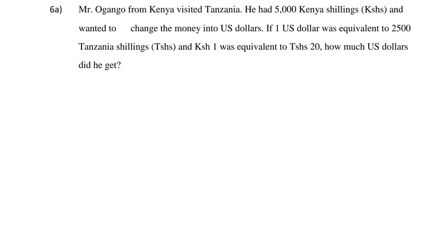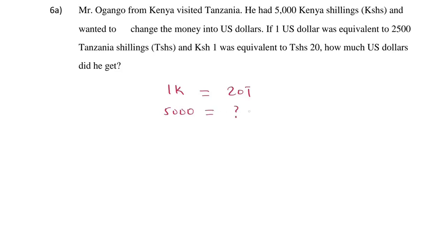So 1 Kenya shilling is equivalent to 20 Tanzania shillings. 5,000 Kenya shillings is going to equal how much? Let us call this T. Now let us cross multiply. We are going to have T equals 5,000 times 20, of which after solving the values, we are going to have T equals 100,000 Tanzania shillings.